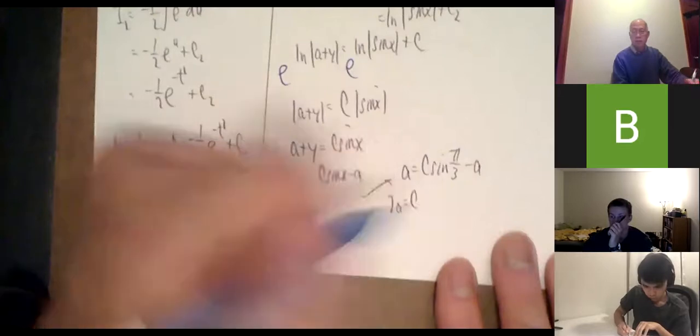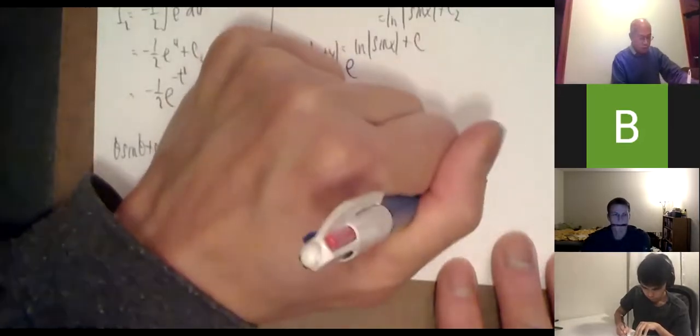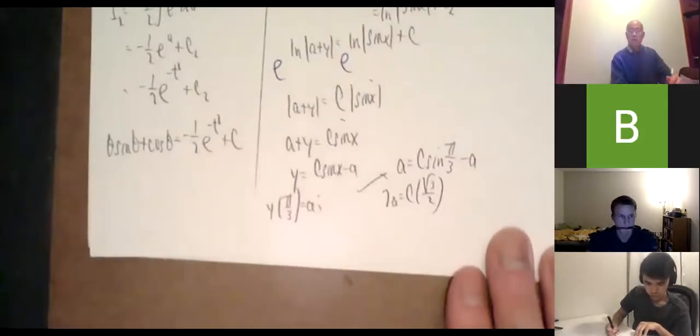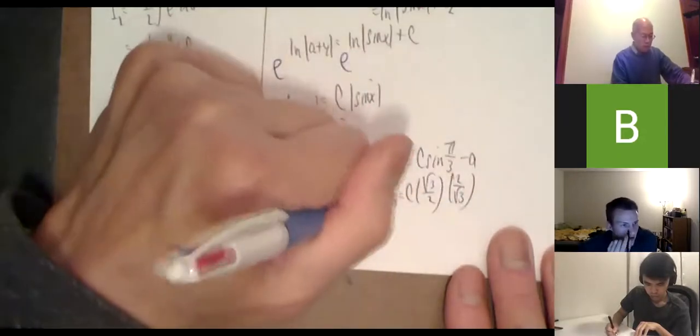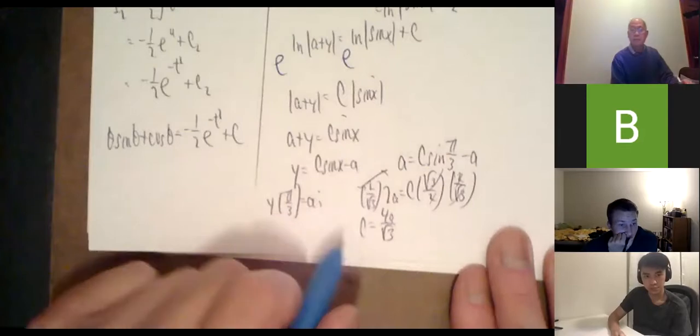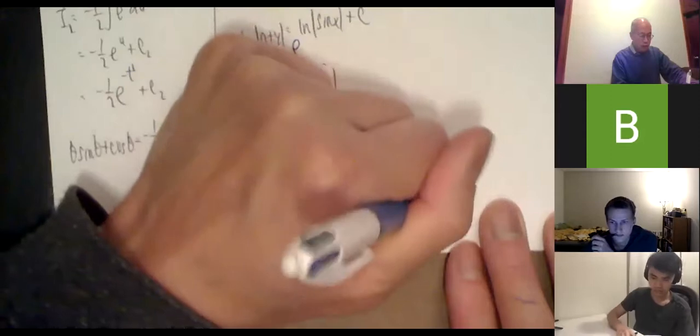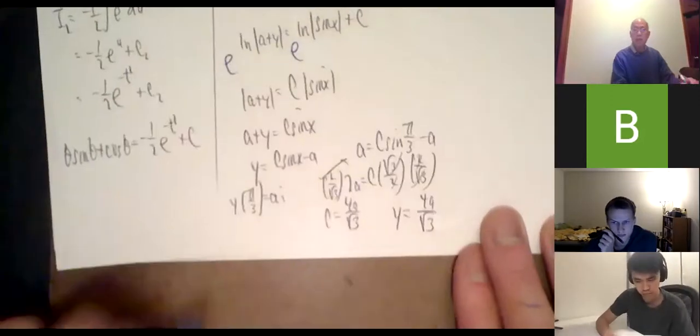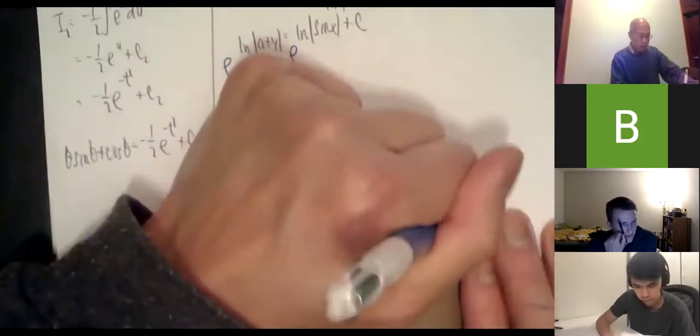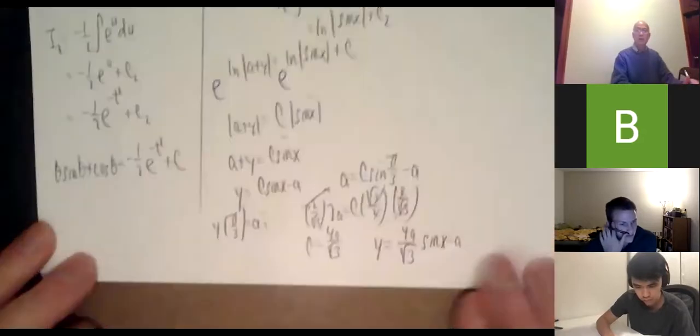Sine of 60 degrees is radical 3 over 2, so multiply by 2 over radical 3, and c is equal to 4a over radical 3, it looks like. Just put that back over here. So the final answer: y is 4a over radical 3 sine x minus a.